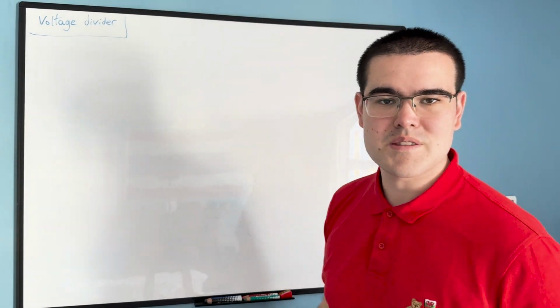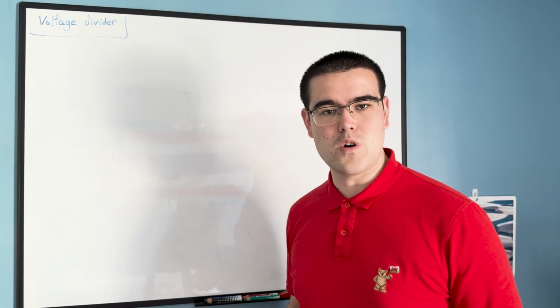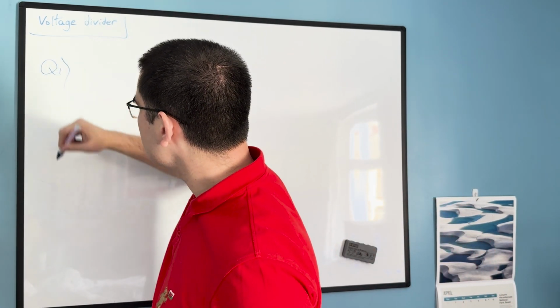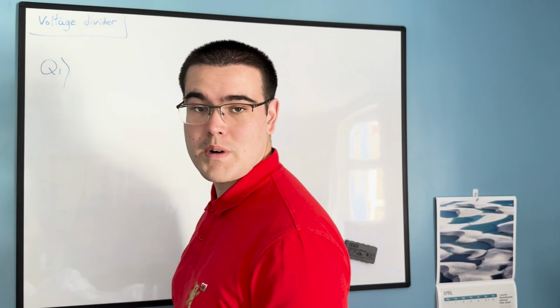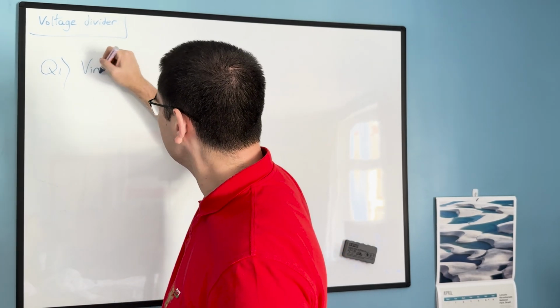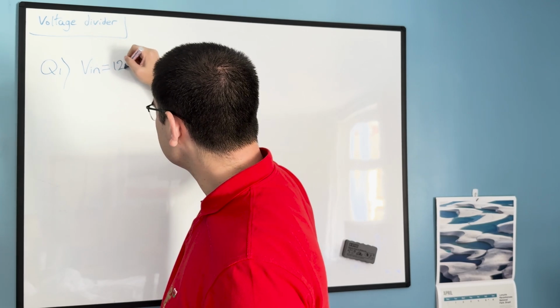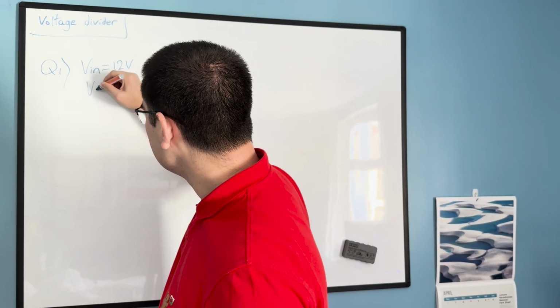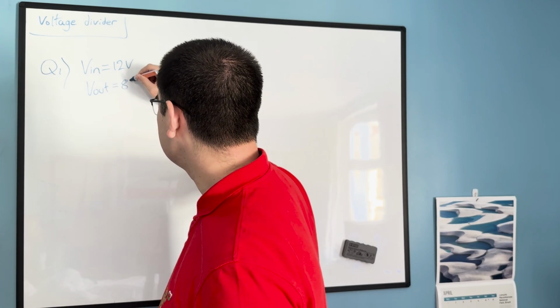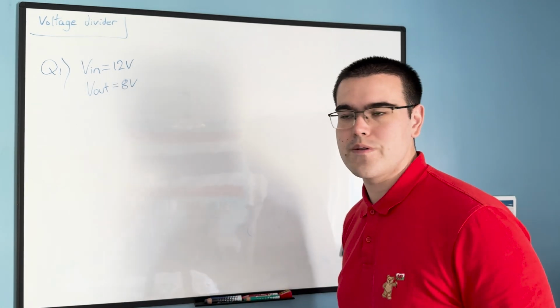Okay, so let's now start by discussing the answer to question 1. Let's remind ourselves that what we want to be true is that V in is 12 volts and V out is 8 volts.